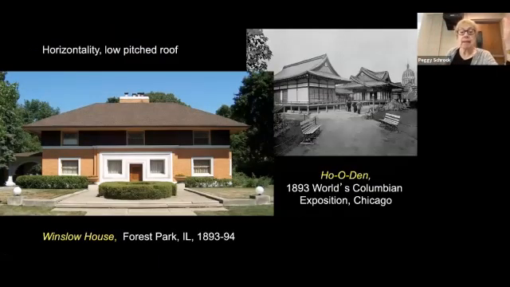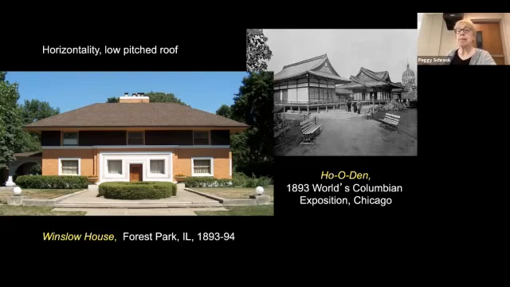One of the big influences on this was the Chicago Exposition. The World's Columbian Exposition in 1893 was a very important, very famous exposition. They often had exhibits from different countries, and Japan sent over a complete reconstruction of a Buddhist monastery, the buildings from a monastery.